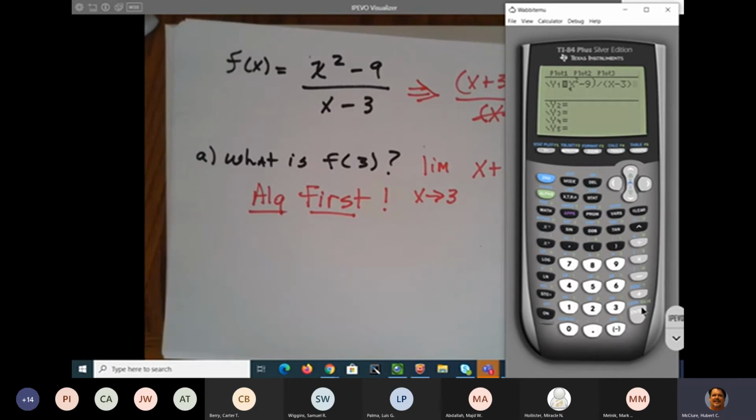And graph. That's not right. X squared minus 9 divided by x minus 3. Why is it not graphing a curve? Well, I'm not going to worry about it. Let's do the first quadrant.